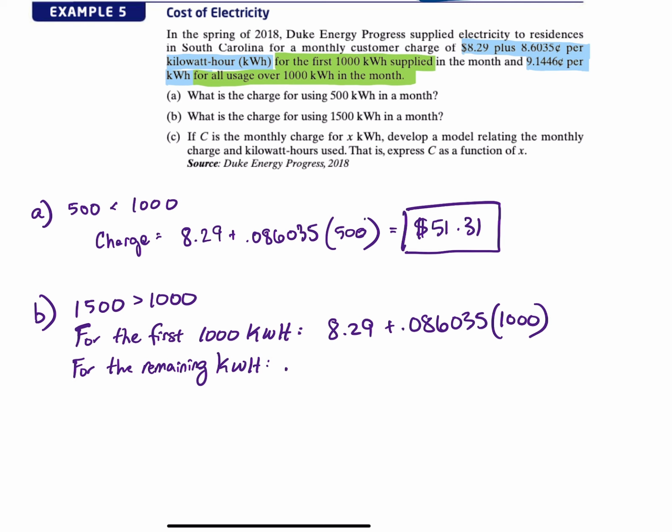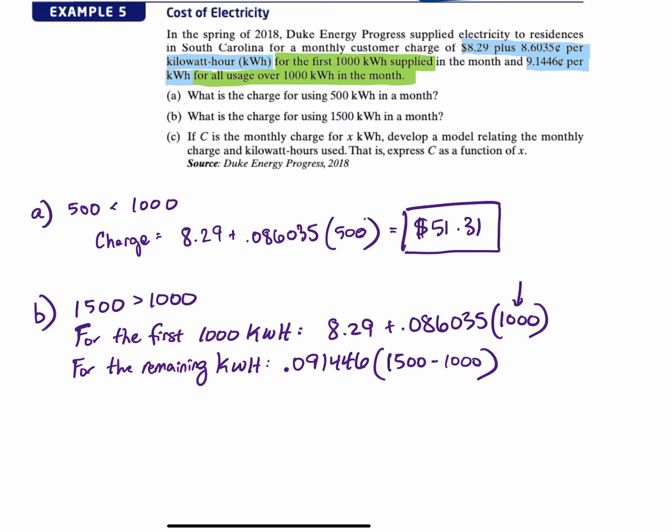So let's move that into dollars. So 0.091446 times the remaining hours. And we could put 500, but I want to express it as 1,500, the total amount. So this is where the total amount will show up, minus 1,000.